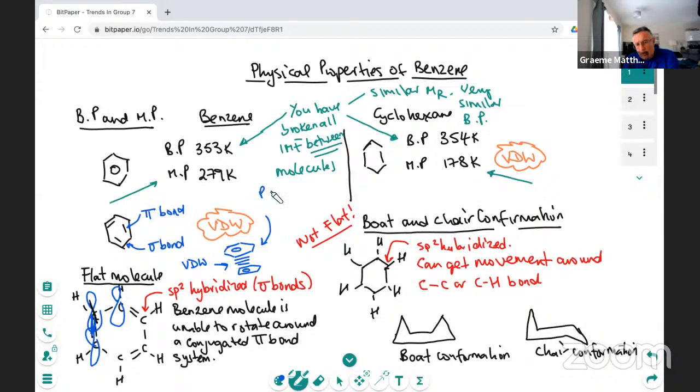You have really efficient packing into layers like this, which means that, and this is the bit that you got to be careful of, you're going to say there's more van der Waals forces, because as I tell my students, look, van der Waals forces are like chicken nuggets. They come in one size. There's more van der Waals forces.